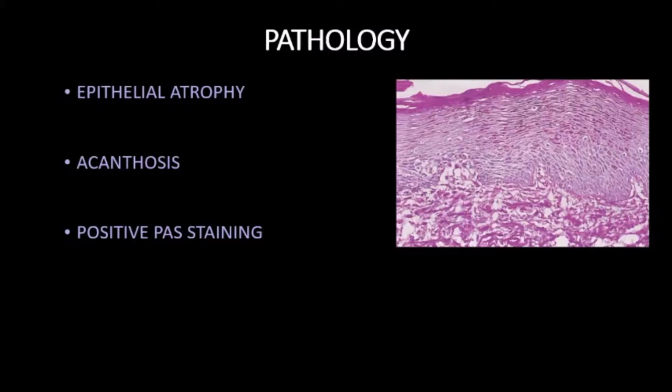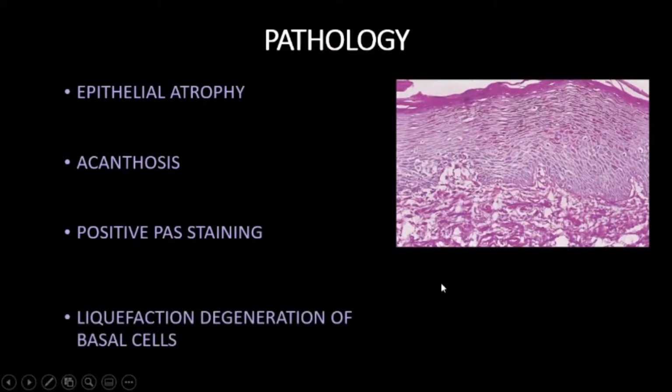PAS staining is periodic acid Schiff staining, and it is used to detect glycoproteins, proteins and saccharides in the tissues. It turns out positive in these lupus lesions because there is an accumulation and abundance of immunoglobulin protein, which is your IgG antibody, in the basement membrane zone of these lesions. And last but not the least, there is also liquefaction degeneration of the basal layer of the epithelial cells of these lesions.